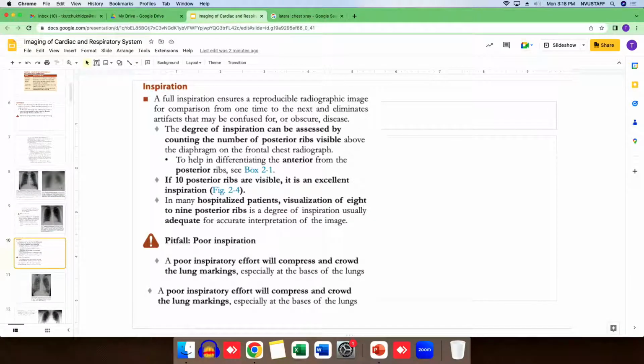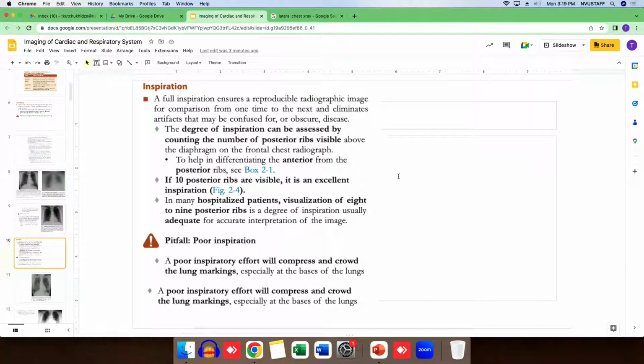If you remember, our next sign was inspiration. So what does inspiration show? We were counting around 8 to 9 posterior ribs on our chest X-ray, right? In the normal chest X-ray, if the penetration is really good, of course. The degree of inspiration can be assessed by that also, and we have anterior and posterior ribs, right?